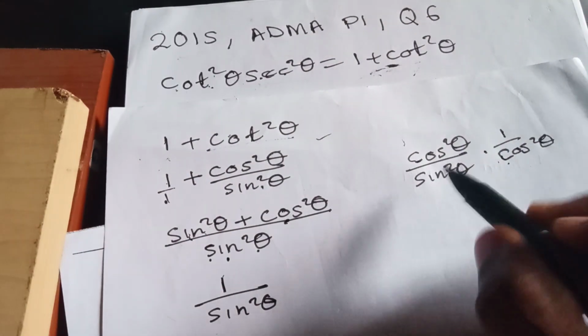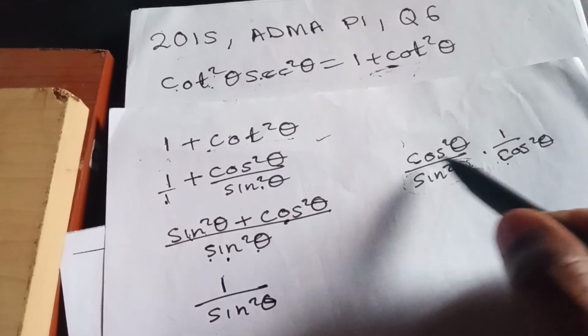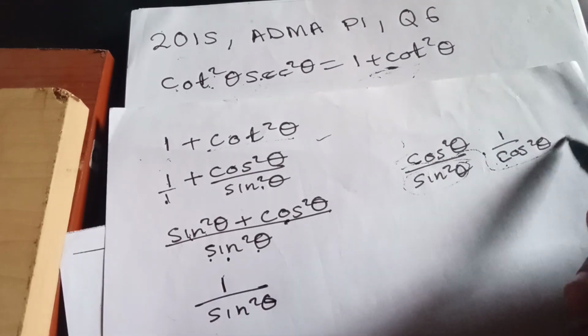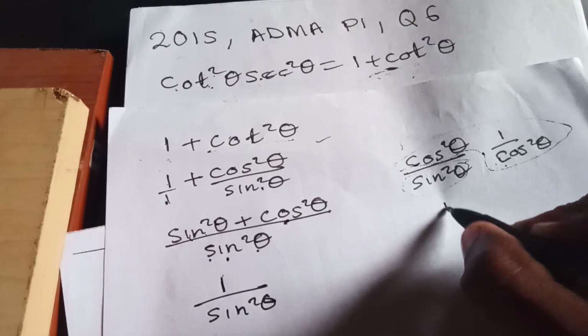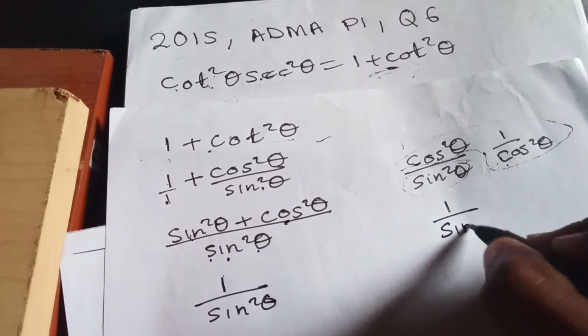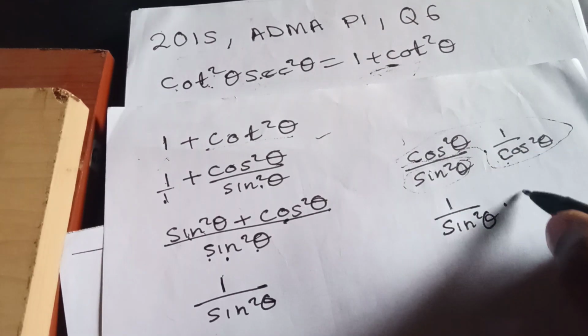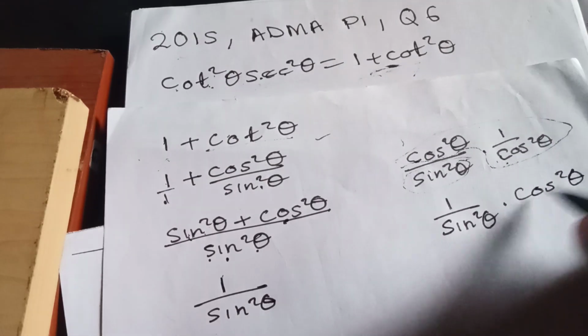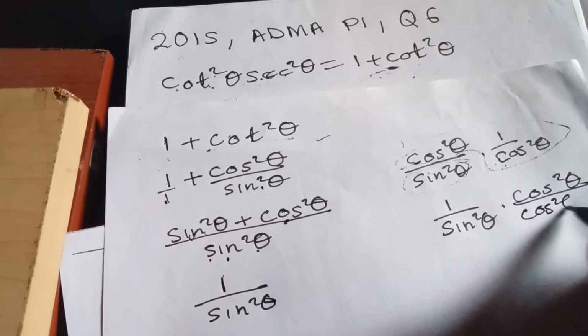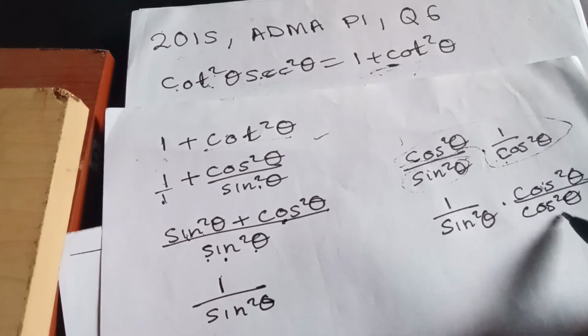So we only have this part here, we don't have the rest. But you know that if you were to write this as 1 over sine squared theta multiplied by cos squared theta over cos squared theta, this is like a 1.